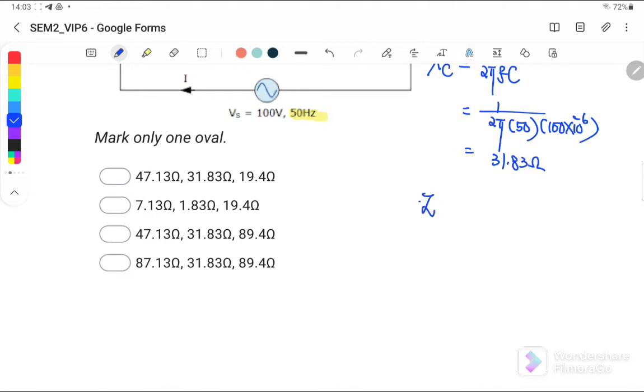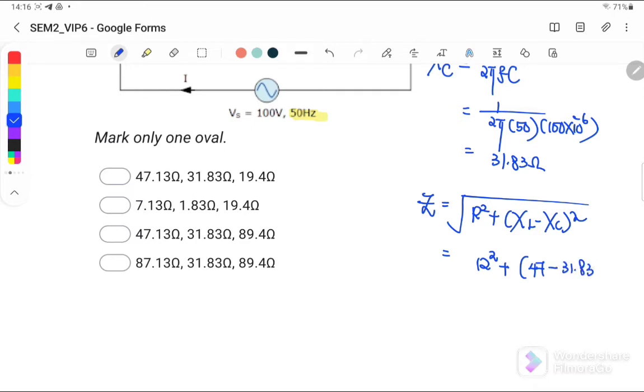And then go to the last part. Impedance is equal to the square root of R squared plus (XL minus XC) squared, where R here is 12, XL is 47, and XC here is 31.83 ohm.